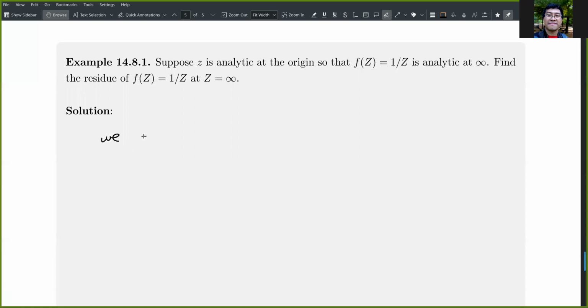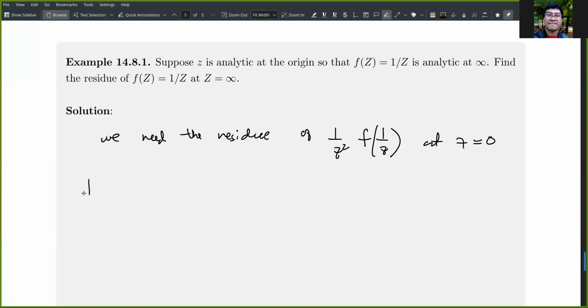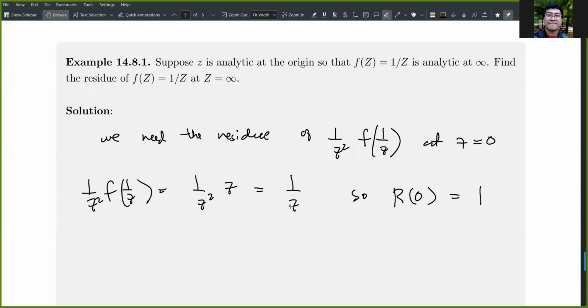So we need the residue of 1 over z squared f(1/z) at z equals 0. So 1 over z squared times f(1/z), where f(1/z) is z, equals 1 over z. Okay, so the residue at 0 is just equal to 1. We multiply numerator by z and z cancels.